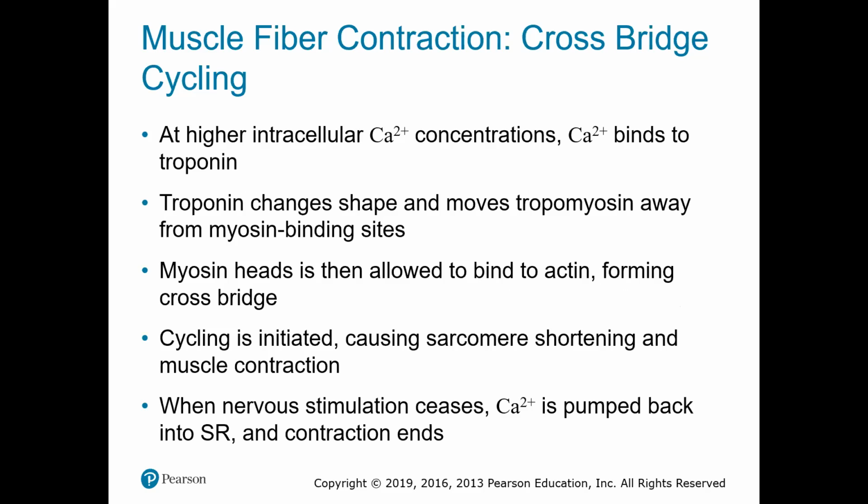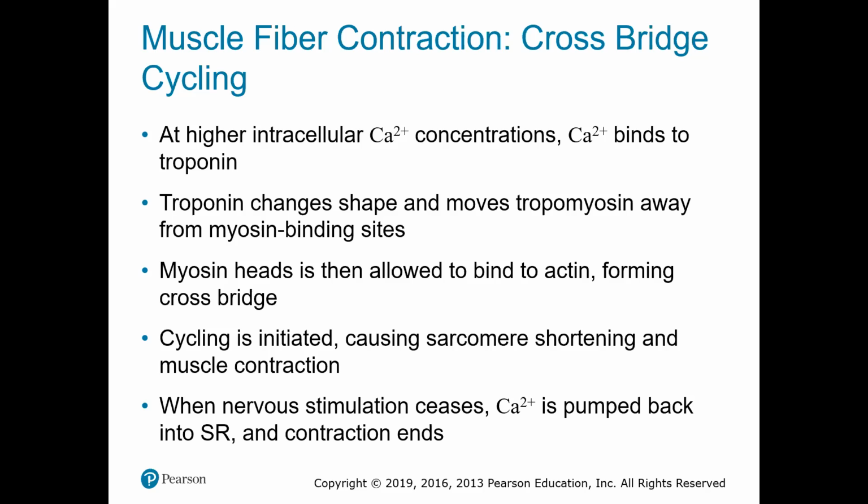When the binding sites on the actin are revealed, then the myosin heads will automatically reach up and grab onto the actin and give it a good yank on either side of the A band, and pull the actins towards the middle of the A band, towards the middle of the sarcomere. And in doing so, it shortens the sarcomere.